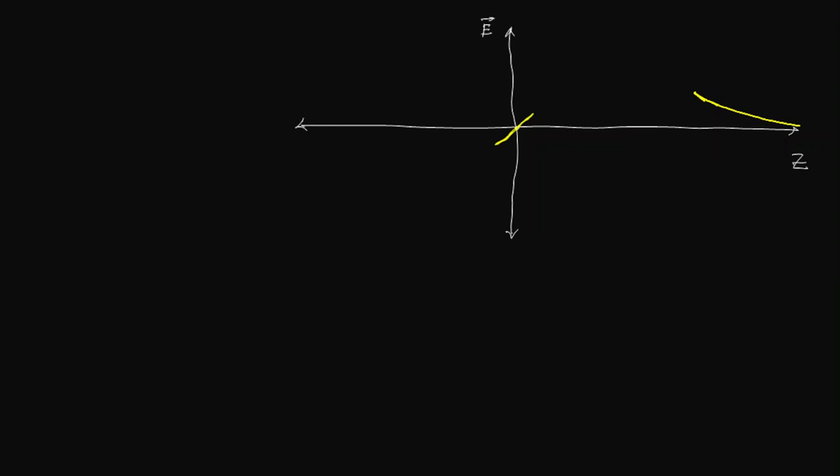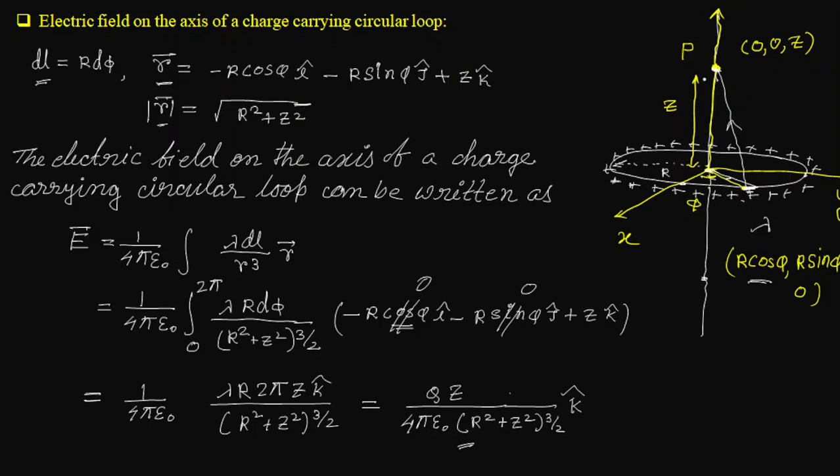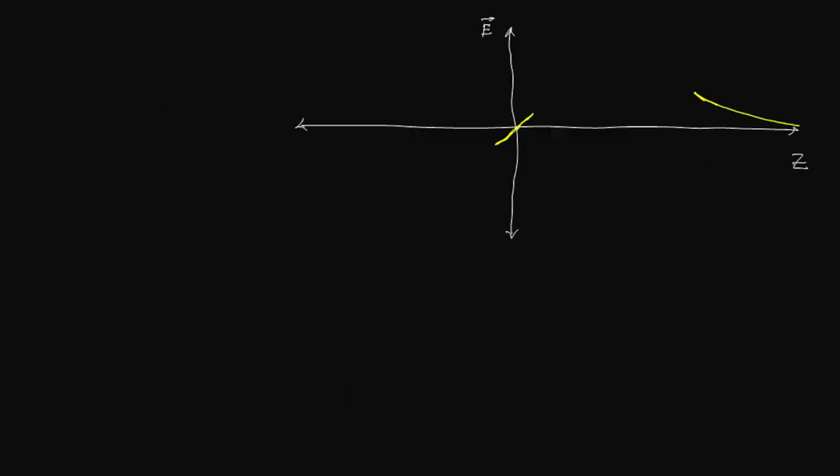So in between, from 0 to a large value of z, there is no charge on this line, so everywhere the electric field should be finite and non-zero. So what we can do is simply increase this one. At some point it will be maximum and then it will start dropping like this.